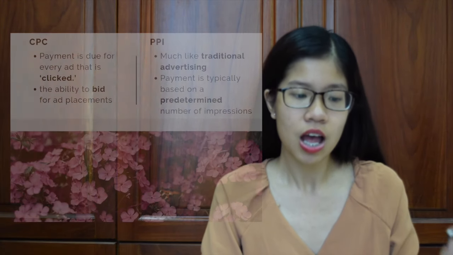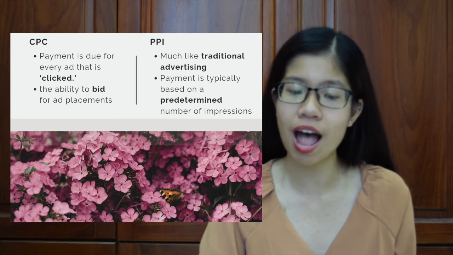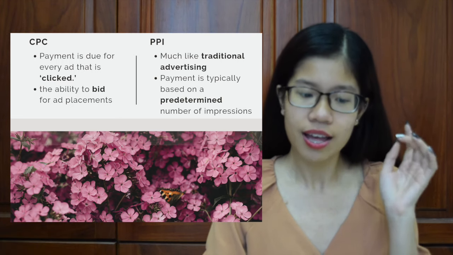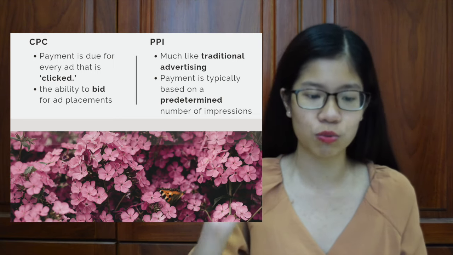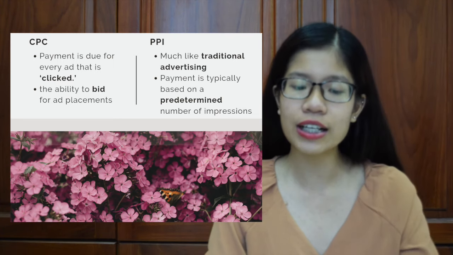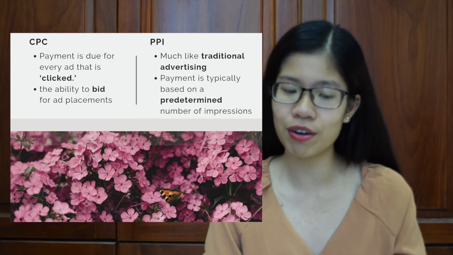Now I'm going to discuss a little bit about the difference between CPC and CPM. Under the cost per click model, the payment is due for every single ad that is clicked. In other words, advertisers only pay when one of their ads leads a potential client directly to the website or landing page. The price for this service varies.